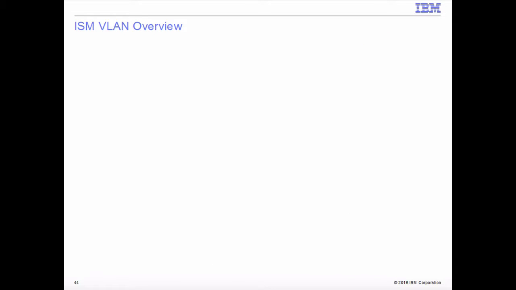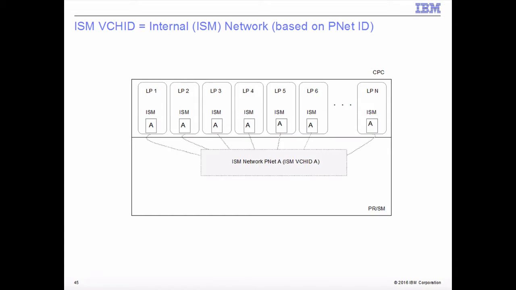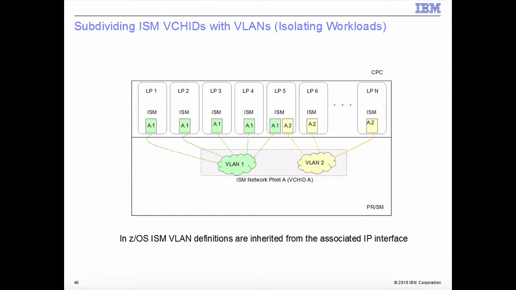And so just a quick few words about VLAN. So again, you can take an ISM network here shown on chart 45, and you can give all the LPARs access to this with no separation at all. In this example, this is what we've been looking at. But if you look at the next chart, if you happen to have two VLANs defined, you can isolate your traffic or your systems by VLANs, and so the technology ISM also supports VLAN support as well.